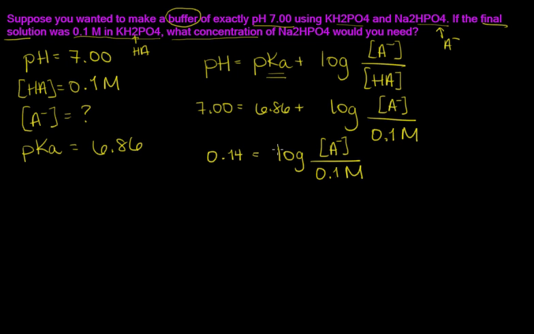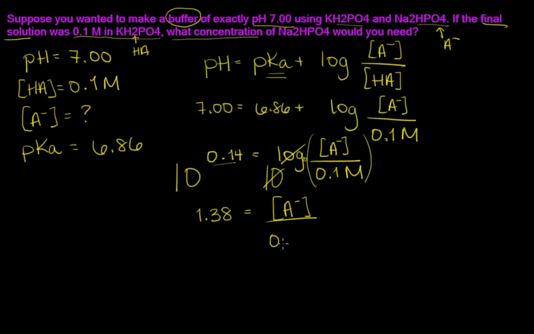Remember, log is base 10. So, if we take 10 to this power and 10 to this power, this 10 will cancel out the log. And when we take 10 to the 0.14 power, we get 1.38. And when we cancel out this log, we get concentration of A minus over 0.1 molar.